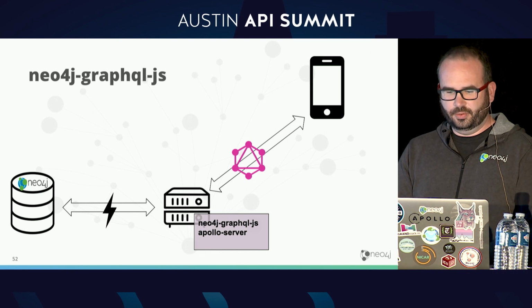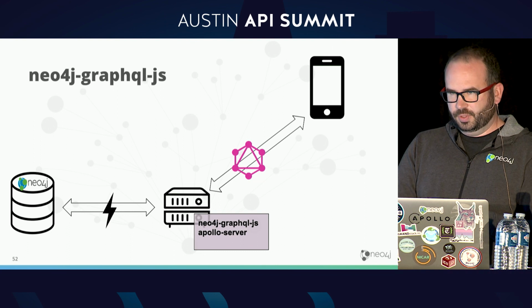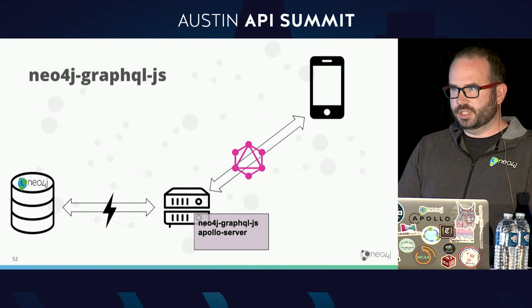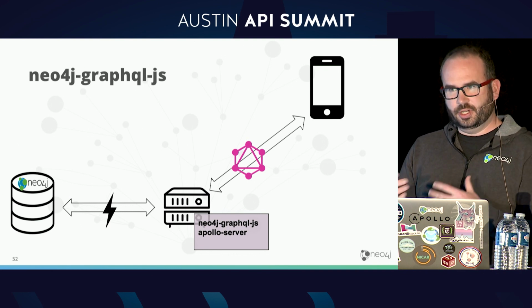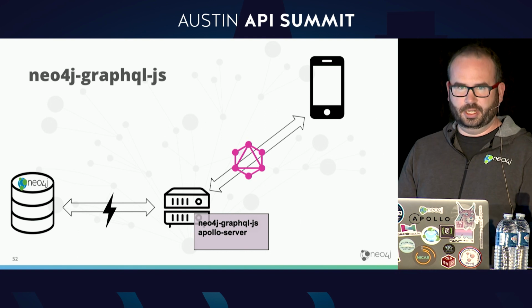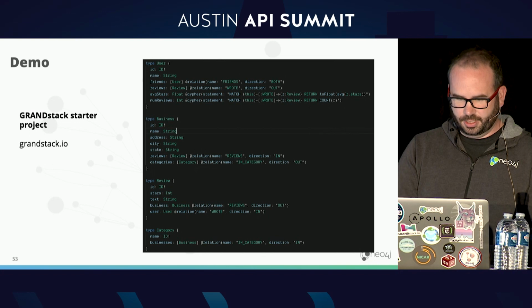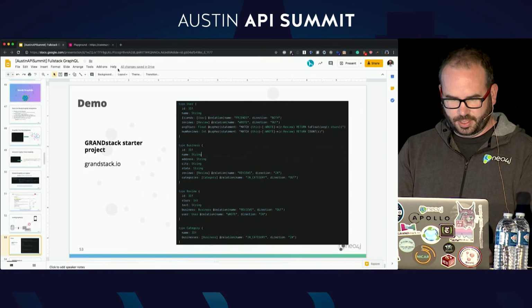We have some service that's running using Express, Apollo Server, and this Neo4j GraphQL JS integration that's taking in GraphQL requests, generating database queries, going out to the database to fetch the data, sending that back to the client, right? That's the general idea. Let's take a look at an example here.